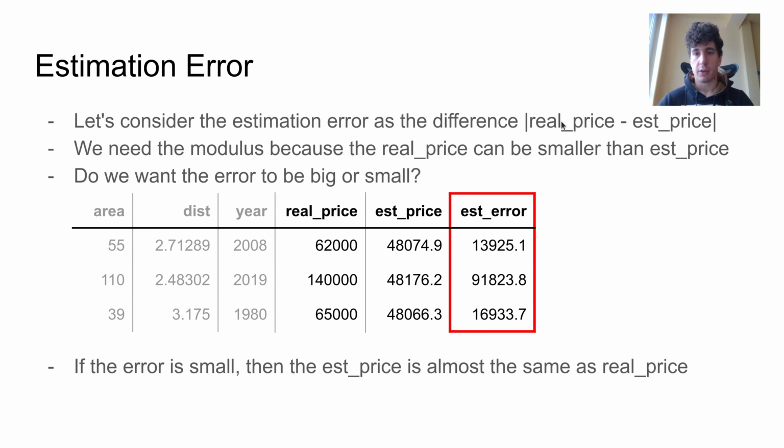So here we take the real price and subtract from it the estimated price, and also use a modulus, an absolute value, because the estimated price can be bigger than the real price, and in that case it's also bad. We want the estimated price to be as close to the real price as possible. So small error, small difference between those two is good, big error is bad.